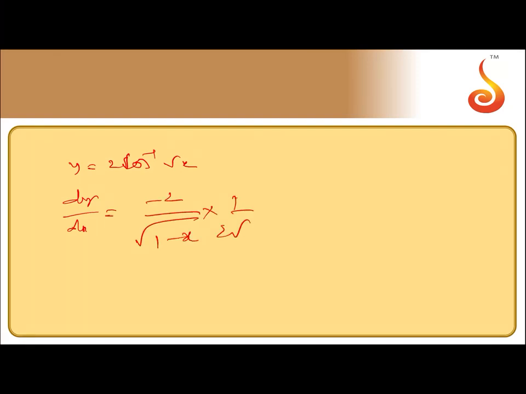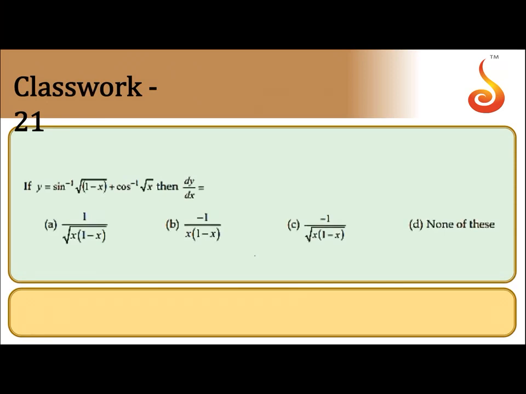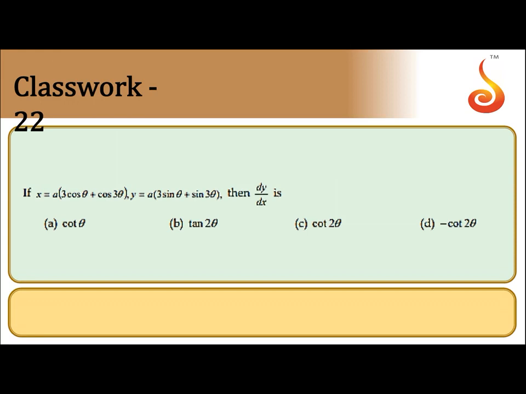Therefore, y equals 2 cos inverse of root x. The derivative dy by dx equals minus 2 divided by root of 1 minus x, into 1 by 2 root x. So obviously it is minus 1 divided by root x into root of 1 minus x.